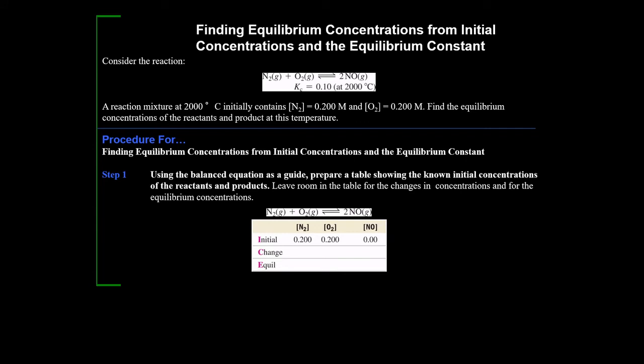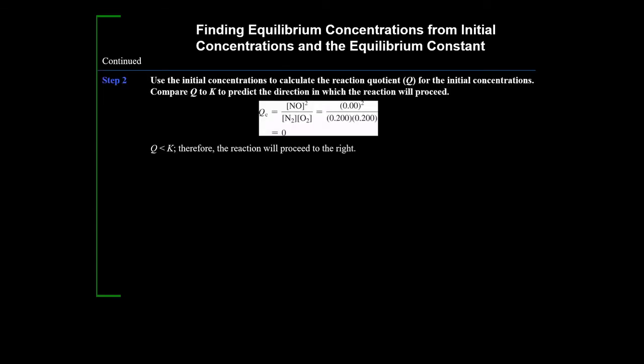So the first thing that we're going to do here is we're going to set up our ice table. So we're going to put in our initial values that were given. Thankfully, we were just given concentrations, so we can just plug those concentrations directly in. The next thing that it has you do is to work out which direction the reaction is going in.